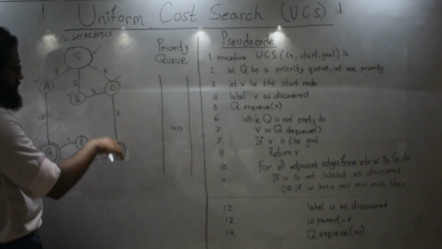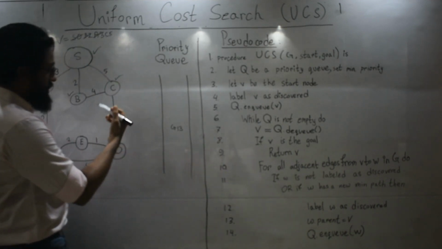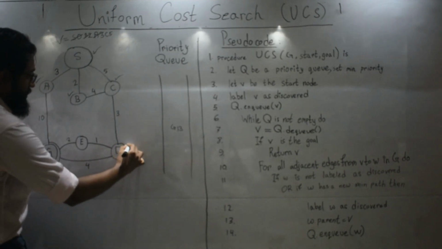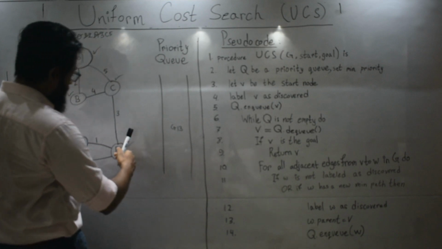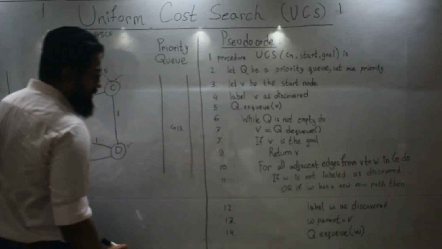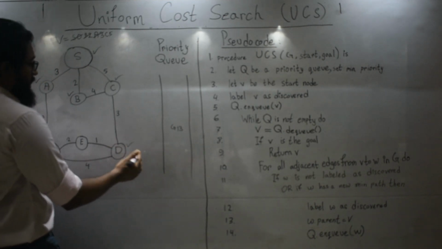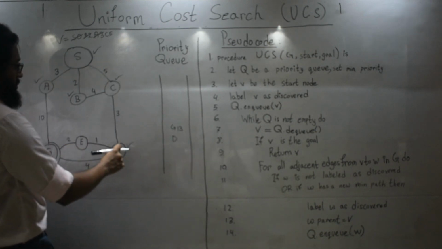Let's look for the other neighbor D. Is D discovered? No. So we will go and perform this task. Label D as discovered. Then the parent of D is C. And now we will NQ. So let's NQ D and let's add the cost.